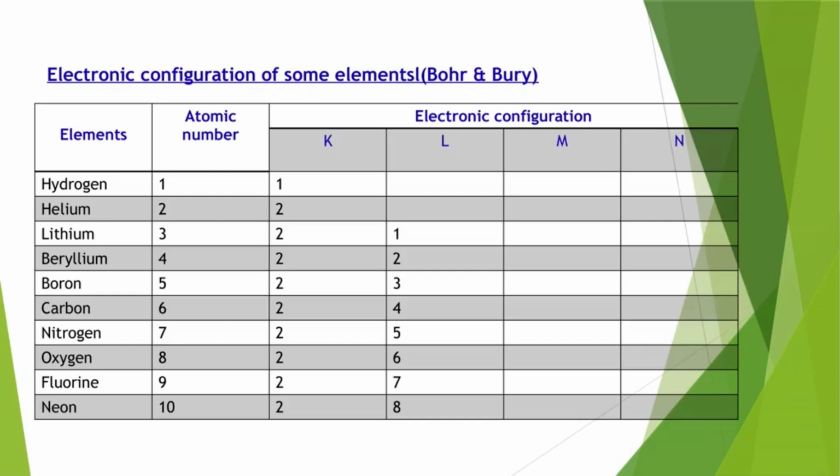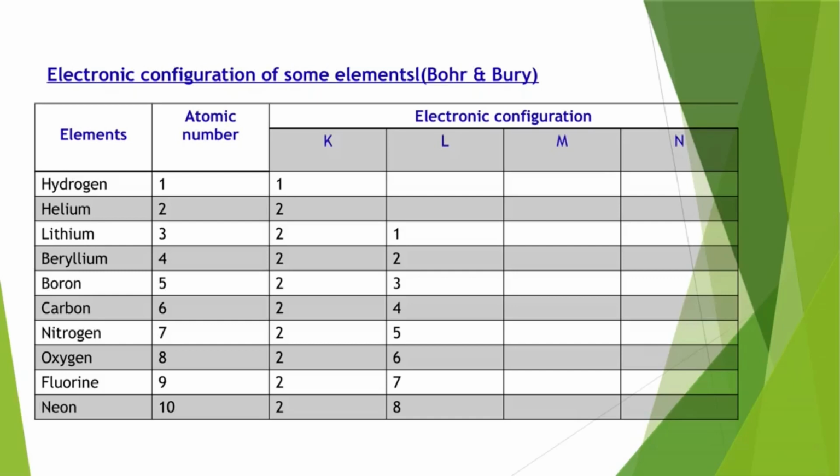Similarly, helium has 2 electrons in its outermost K shell. Lithium has 2 electrons in the K shell and 1 electron in the L shell. Beryllium has 2 electrons in the K shell and 2 electrons in the L shell.